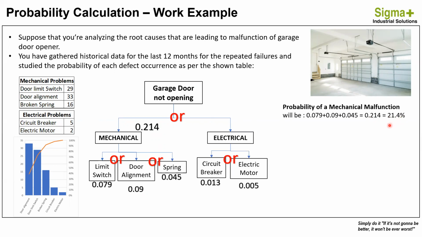And I have repeated the same for the electrical system, where we can see that there is a very minor probability of failure occurrence, either in the circuit breaker or the electrical motor, with a total probability of electrical malfunction of 1.8% within a year.